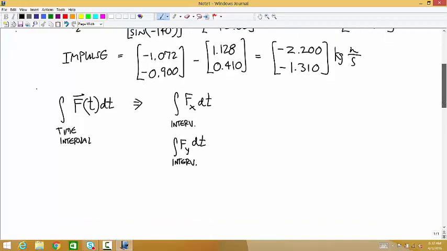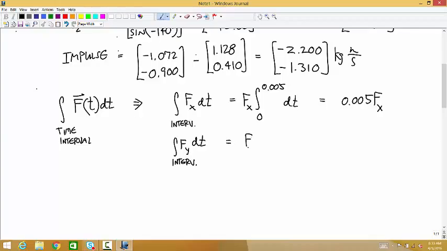And so this is equal to the integral from 0 to 0.005 of, we can pull this out because it's constant, dt, and we get 0.005 fx.